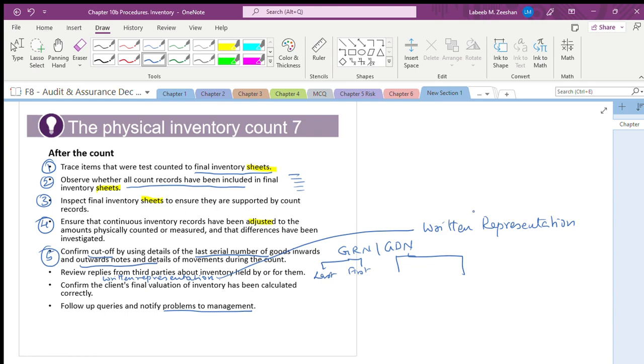You have to retain those documents, and subsequently make sure that whatever we have done before the count and during the count is secured well enough. If there are any issues, those have to be discussed with the management.